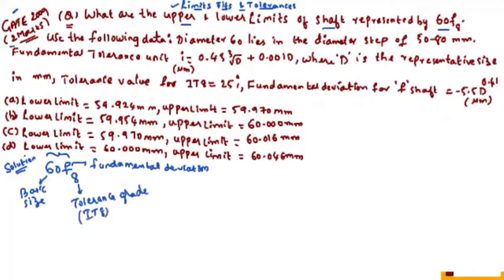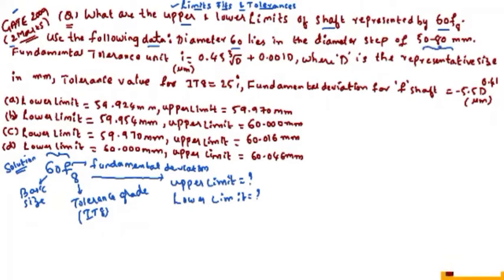Okay, so we need to find the upper limit and lower limit of this 60 f8 shaft, right? So let us see the given data. Use the following data. Diameter 60 lies in the diameter step of 50 to 80 mm.